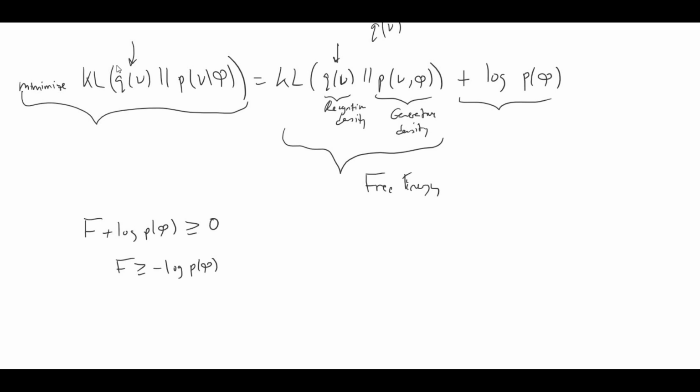So another nice thing about writing it down like this is that we notice that minimizing this KL divergence here is the same as minimizing just this KL divergence with respect to Q. So remember, what we're doing is we're picking Q that would minimize the KL divergence, and regardless of what Q we pick, this quantity here is not going to change.